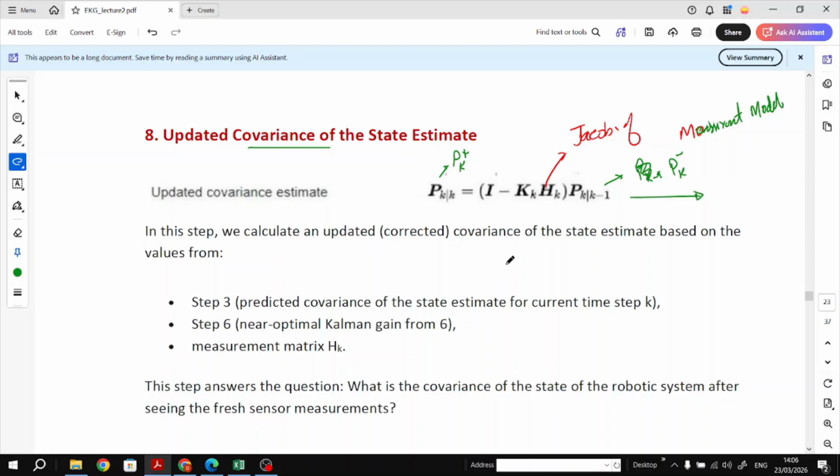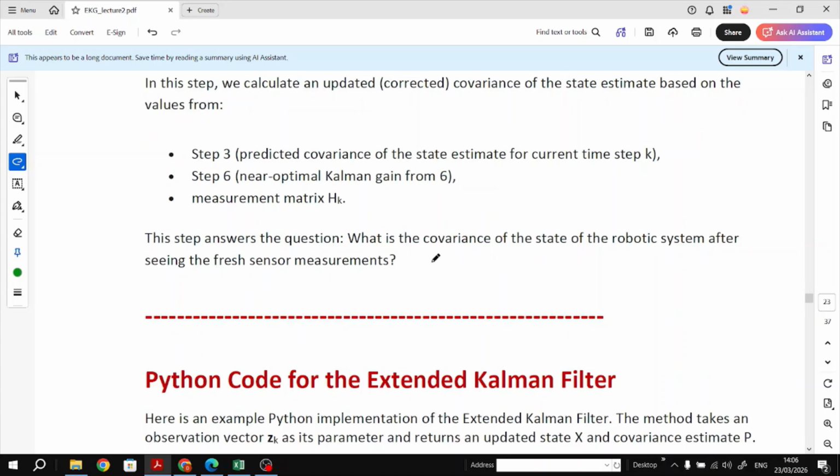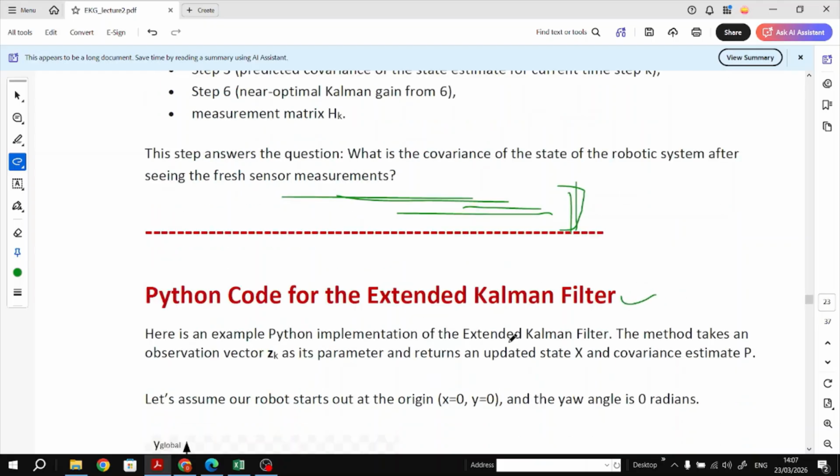So these are the steps in EKF. I gave you all the steps, demonstrated with a numerical example as well: how to initialize, how to calculate the Jacobian matrices at every time instant, and then how to predict your state and update your state using the EKF algorithm. At the end, I gave some Python code.